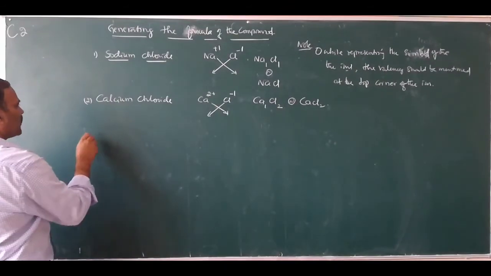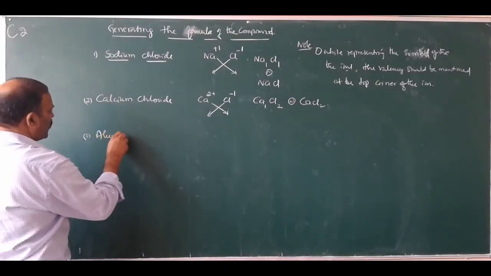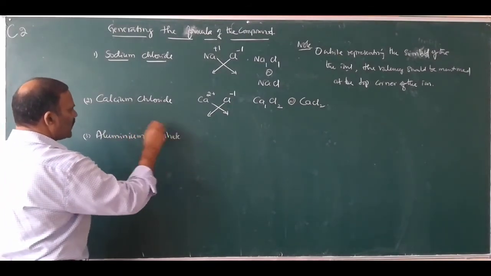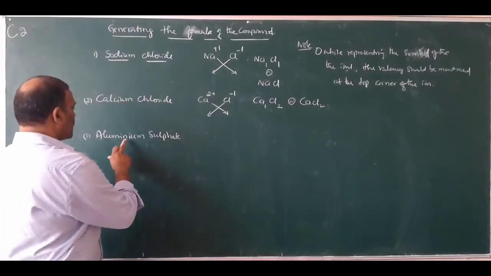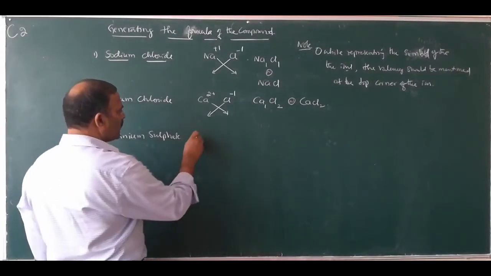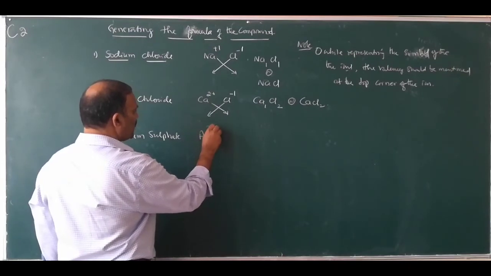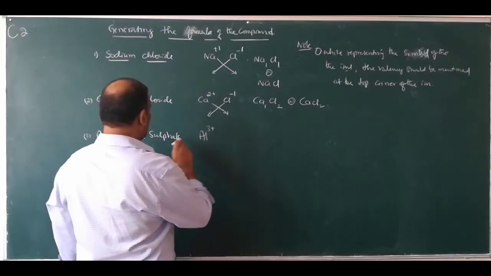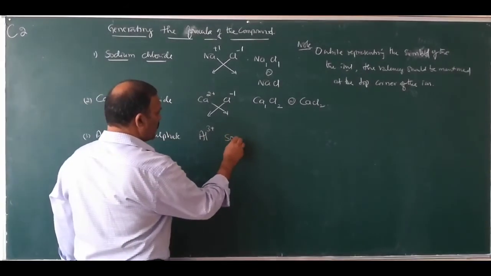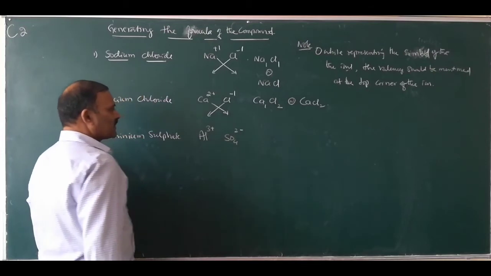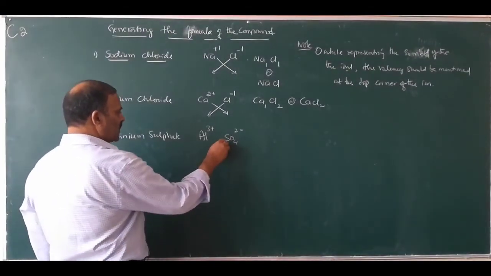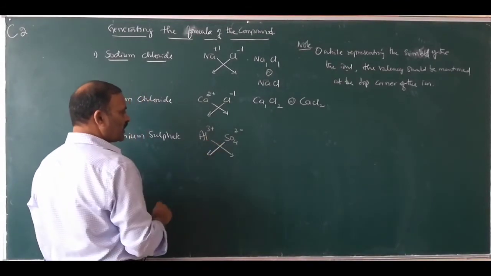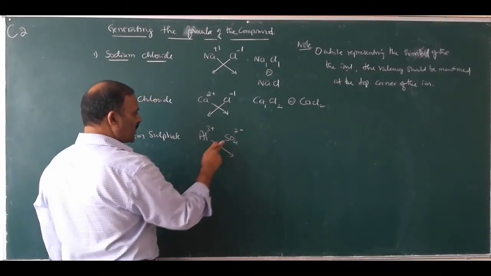Third example, aluminium sulfate. What is the formula of aluminium ion? Aluminium ion is Al3+, and sulfate is SO4 2-. So you have to write the valency of aluminium ion below sulfate ion, and the valency of sulfate ion below aluminium.